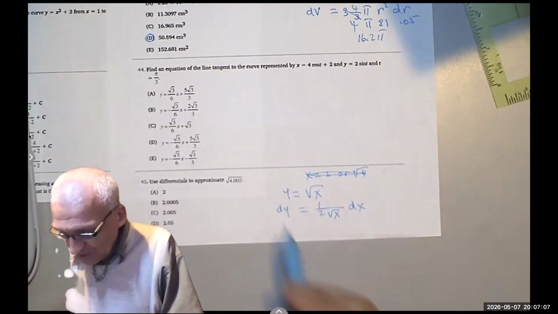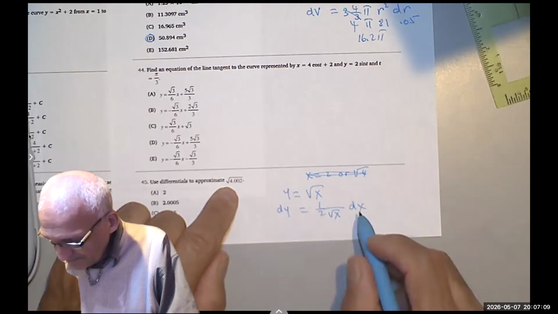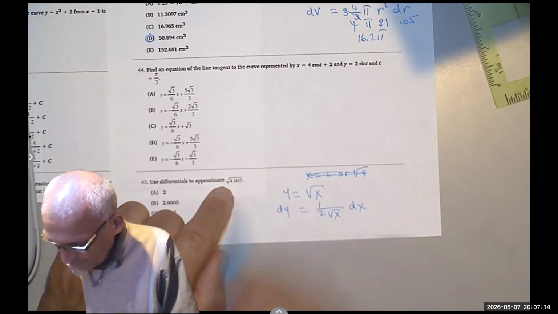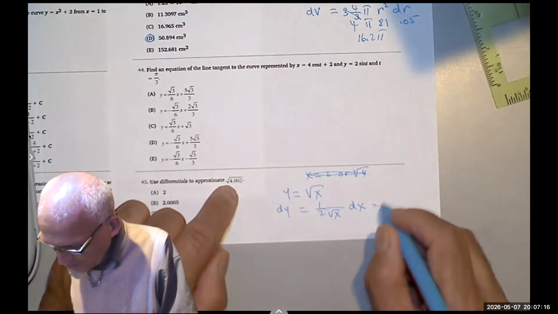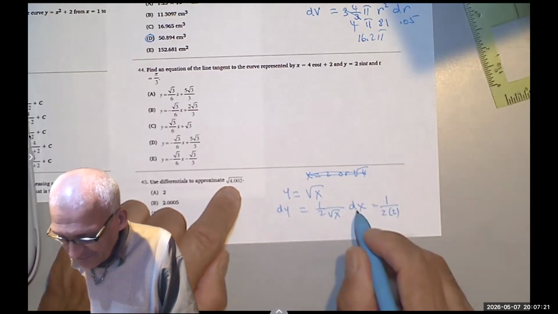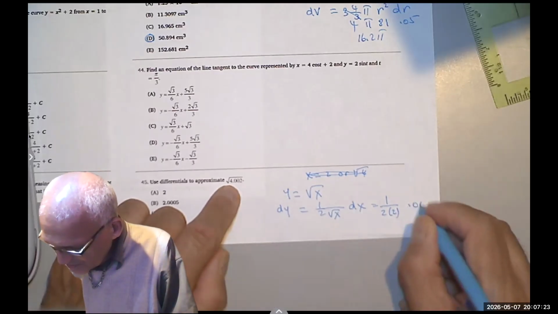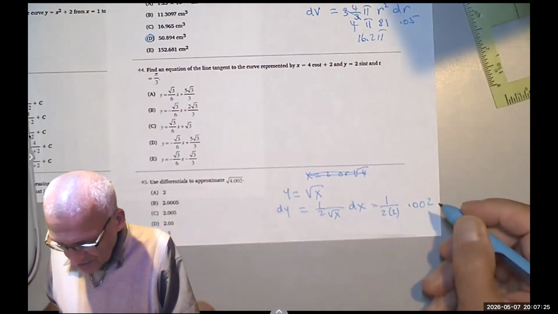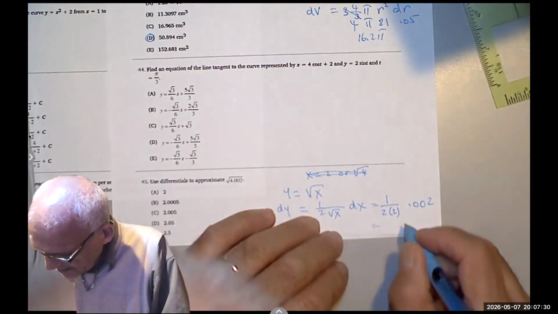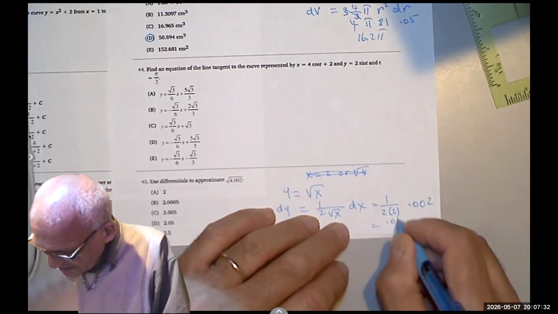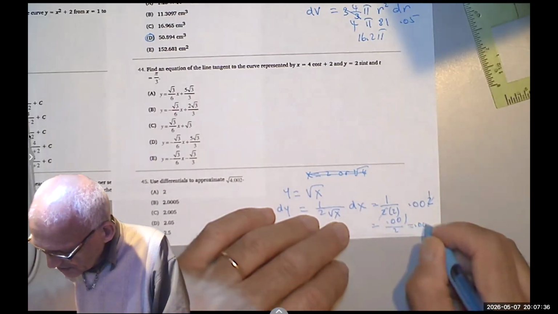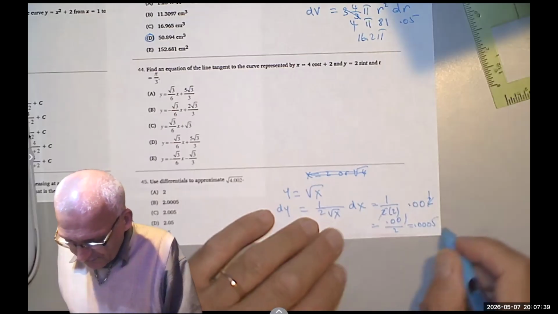Okay, so x is 4. So this would be 1/2 times 2, the square root of 4, times the differential, which is 0.002. And this would be 0.001 over 2, or 0.0005, 3 zeros and 5.